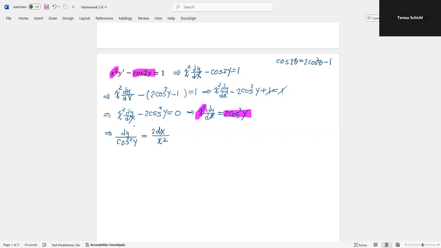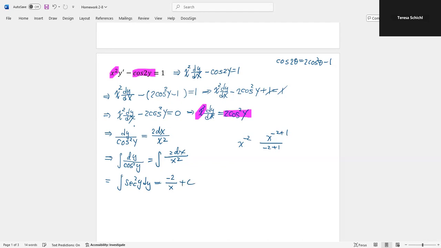Now I can integrate both sides. The left side is the integral of secant squared y dy. For the right side, the integral of x to the negative 2 will be x to the negative 1 over negative 1, times the 2 in front, so negative 2 over x, plus c.